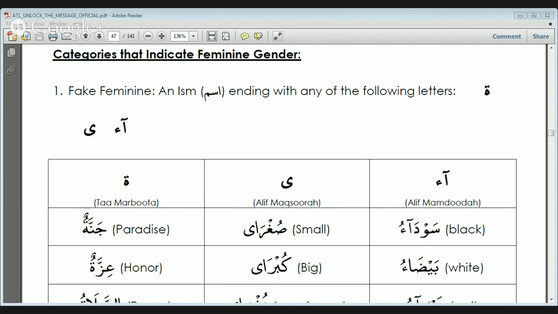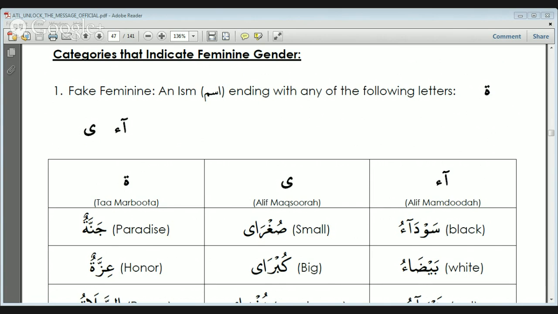Udhunun, your ear. Alam naj'al lahu aynayn, and did we not make for him 2 eyes, wa lisanan wa shafatayn, and a tongue and 2 lips. Well, shafatun is the lip. So only those body parts that come in pairs are feminine.